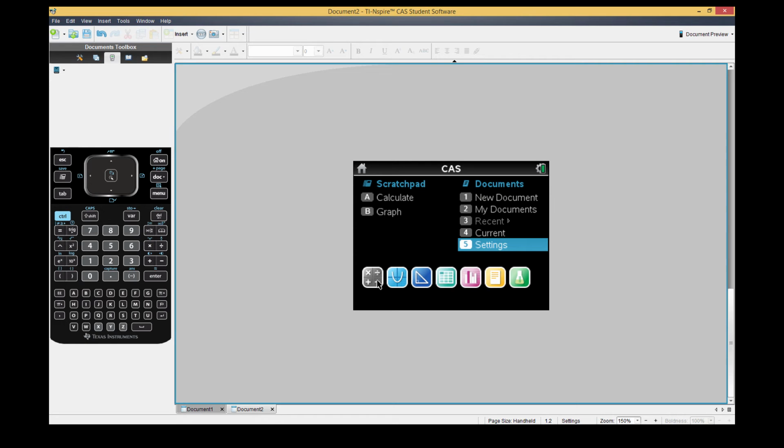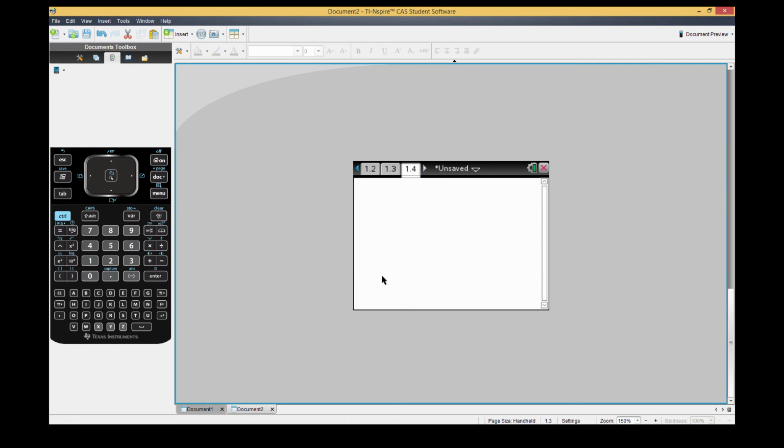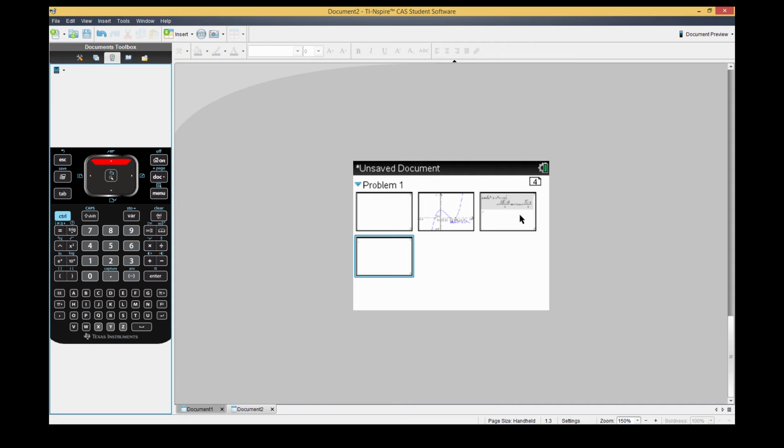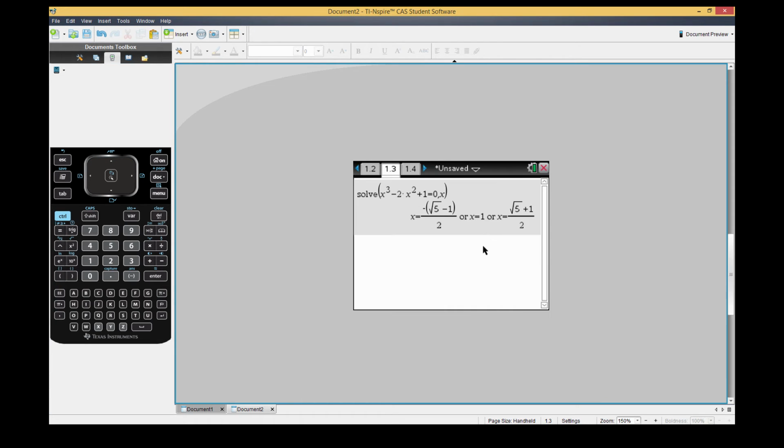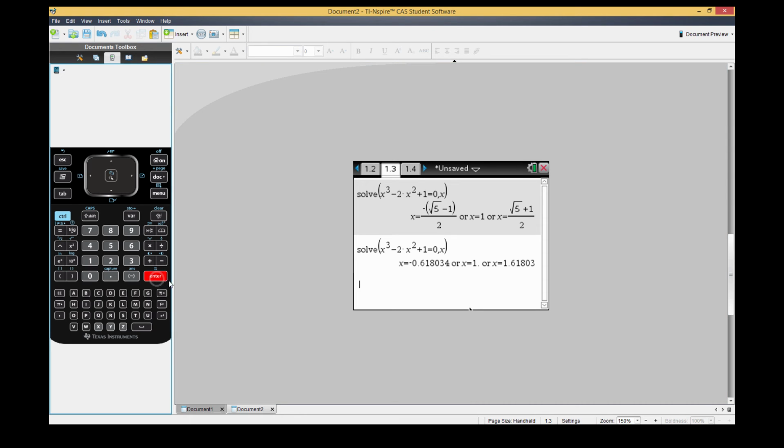Okay. And go back, and if I enter this again, I should get right what I had using the graph. So that is the correct response there.